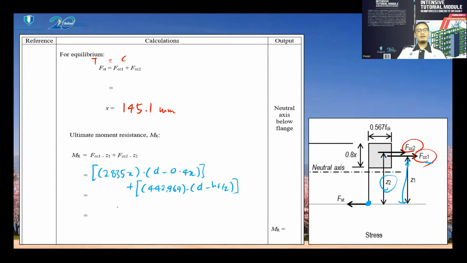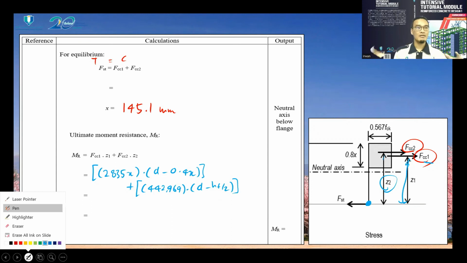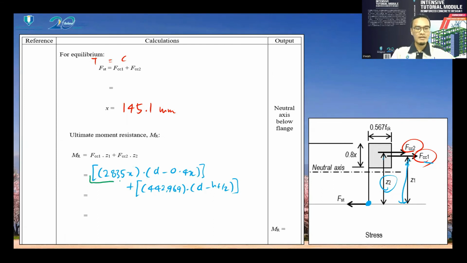Then you just insert the values of d, x, and hf. I kindly advise you to settle them one by one, rather than doing it all at one time using your calculator, because we have minus and plus here. Sometimes students make mistakes at this stage. So you better settle this one first, and then settle the other one.